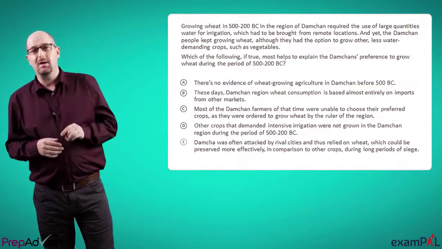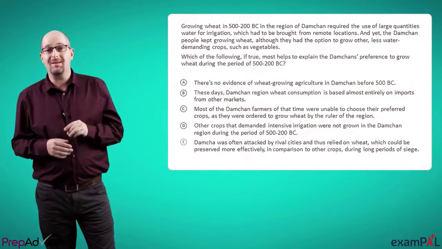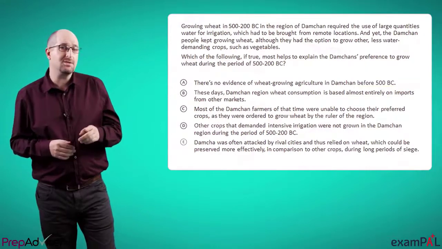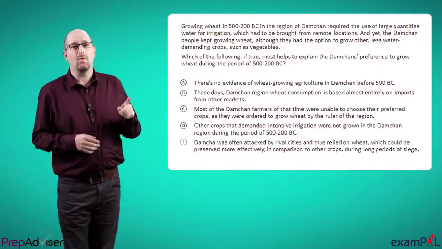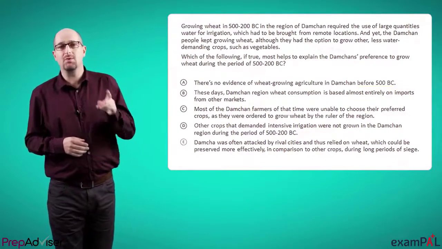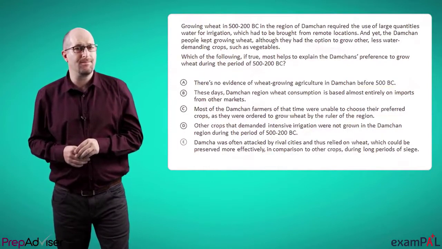And yet, the Damchan people kept growing wheat, although they had the option to grow other, less water-demanding crops such as vegetables. Which of the following, if true, most helps to explain the Damchan's preference to grow wheat during the period of 500 to 200 BC?